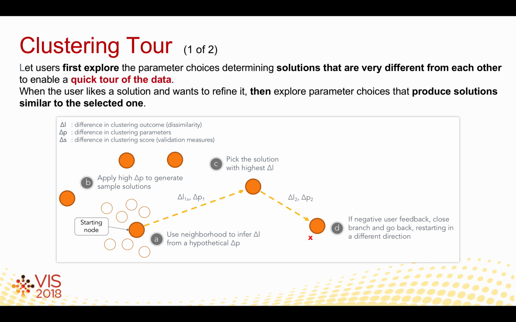In this case, we try to maximize delta L, so generating solutions that are very different from each other. At any point, the user can provide feedback and say, oh, I like it or I don't like it, and then eventually we go back and we open a new branch. When the user likes it, instead of maximizing delta L, we maximize delta S, so as to preserve the semantic meaning of the obtained clusters, but to maximize the compactness and separation.